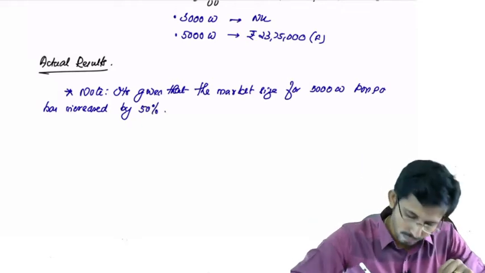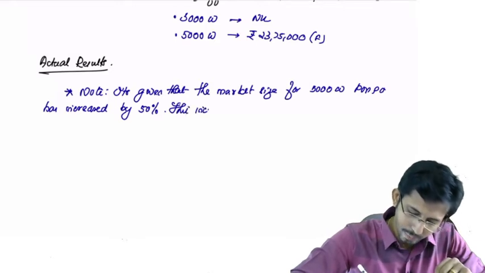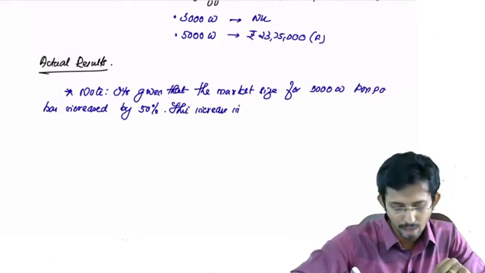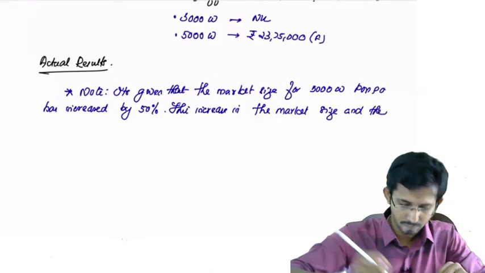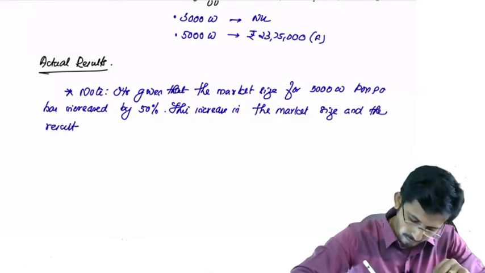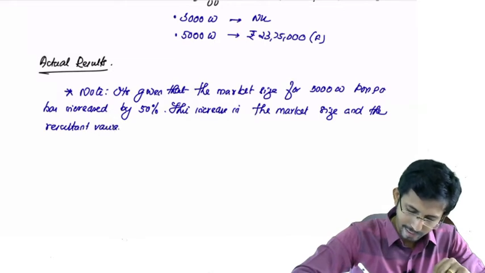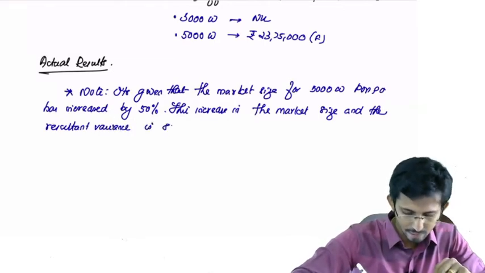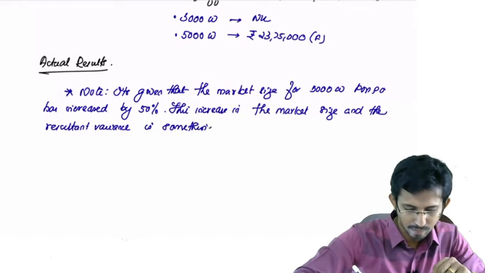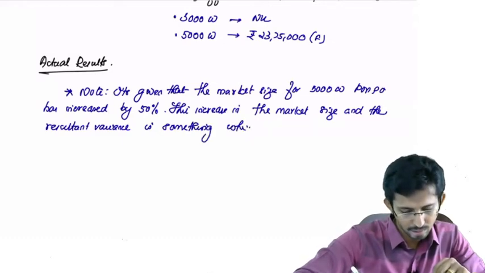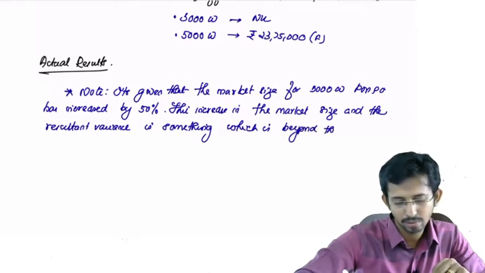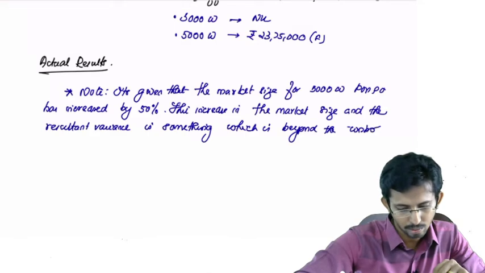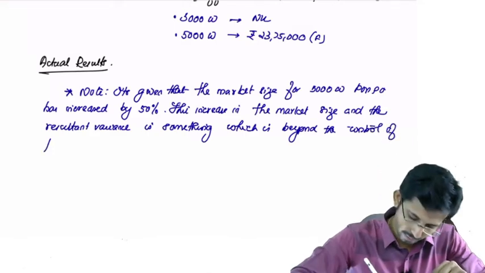Okay, now this increase in the market size and the consequent and resultant variance is something which is beyond the control of the sales manager.